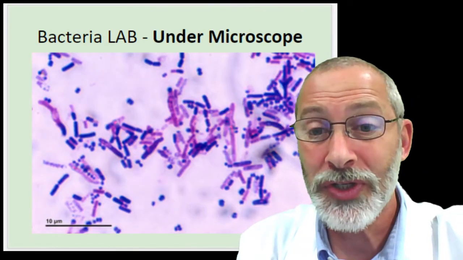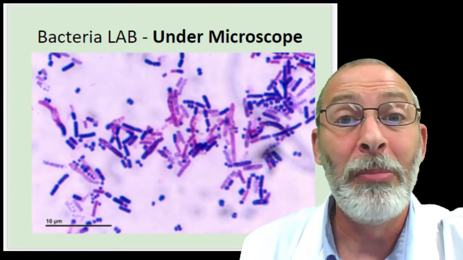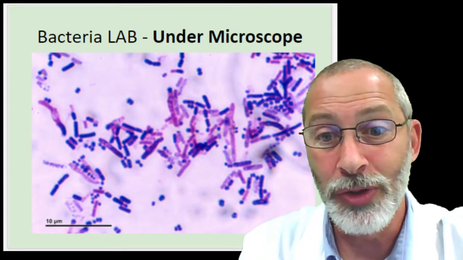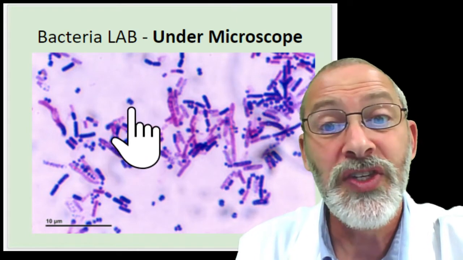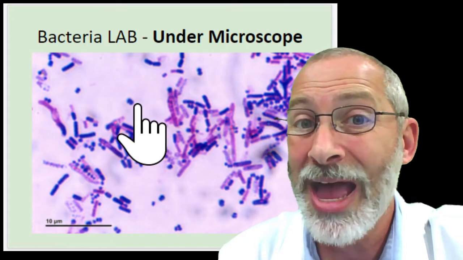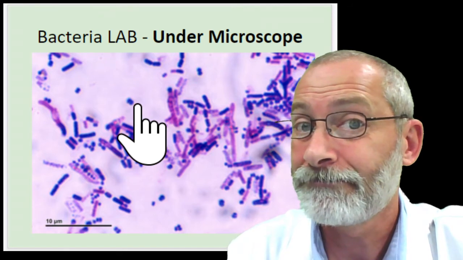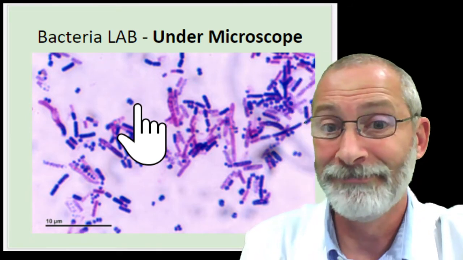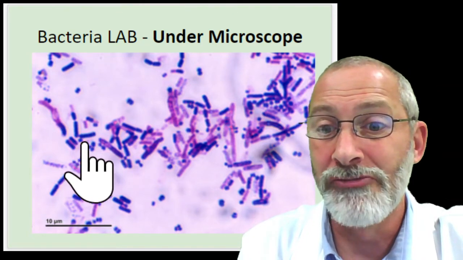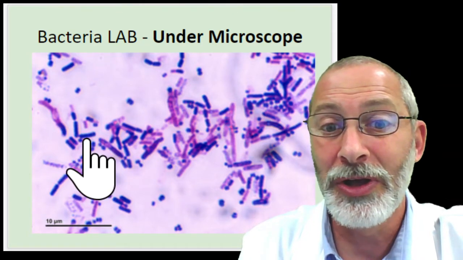Under the microscope, here's what some of our bacteria from the fourth sample look like. And you can see there are some spherical shapes. And what are spherical-shaped bacteria called? Cocci. And we have some rod-shaped bacteria. What are rod-shaped bacteria called?